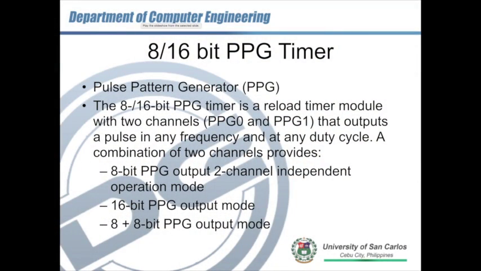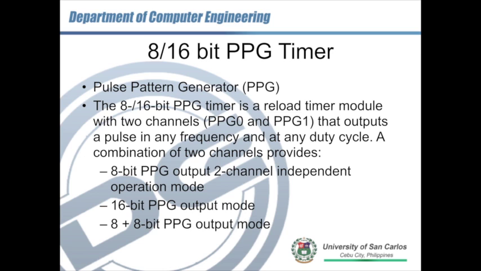The PPG timer, or PPG, otherwise known as the pulse pattern generator, is actually a module in the Fujitsu MB90F387S that could generate a pulse pattern, and it has an 8 or 16-bit resolution option.